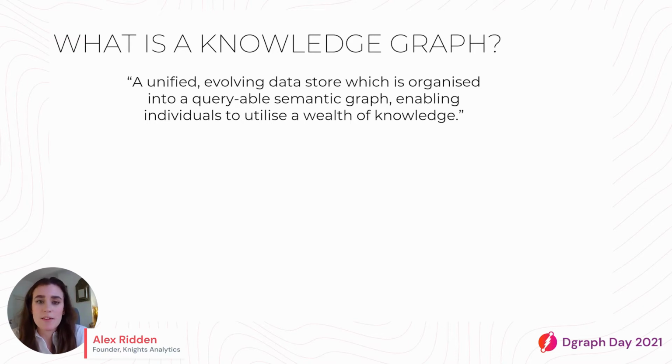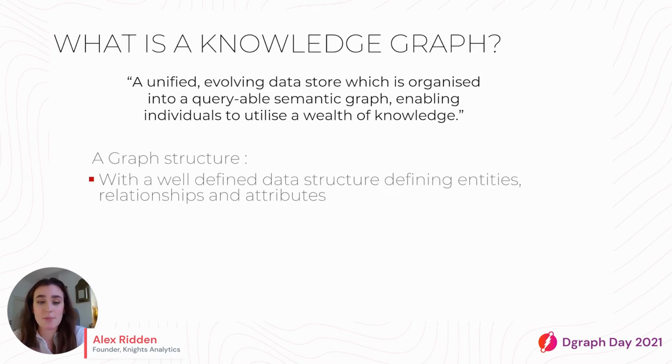But there are a few things that are, I guess, universally accepted about knowledge graphs. First, that it should have a graph structure, and that graph structure should be well defined, meaning that the entities, the types of relationships, and the attributes are all understood and concrete.